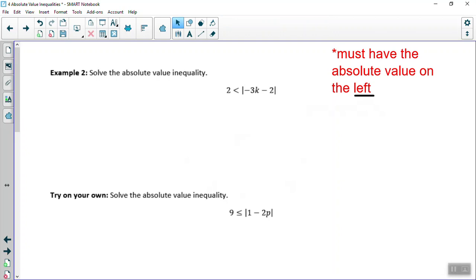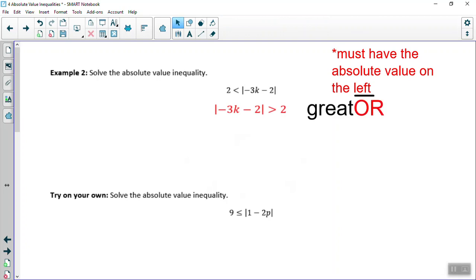Now notice how it's pointing to the 2, or it's open to the inequality. When we flip it, it has to keep that. So when we go to flip this around, here's my inequality. It's open to the inequality, or it's pointing to the 2 still. All right, so now we look at our sign. It's a greater than symbol, so remember our greater.